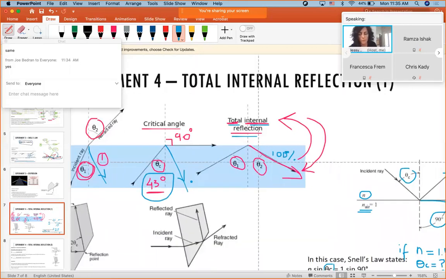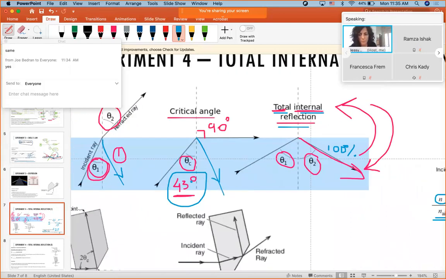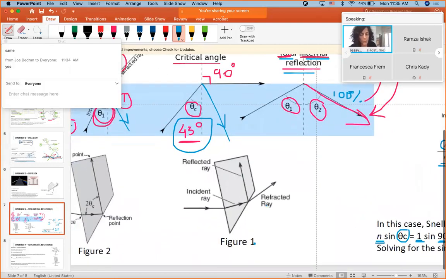All right, now let me go back to the lab. In the lab, this is figure 1. You have a prism. This is air outside, so you have the incident ray. It will go inside, and the refraction happens. And this is where, let me use red, total internal reflection is going to occur, because I want it to happen inside the glass. I can see refraction and I can see reflection.